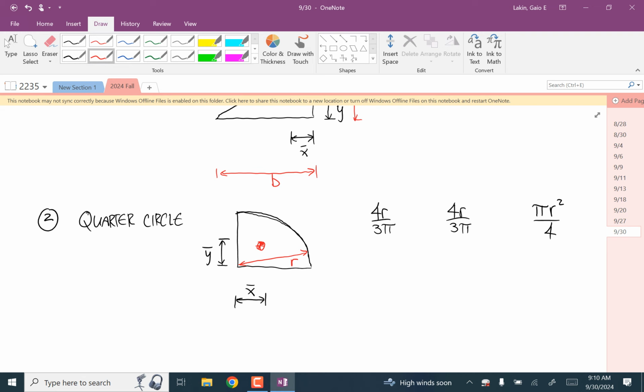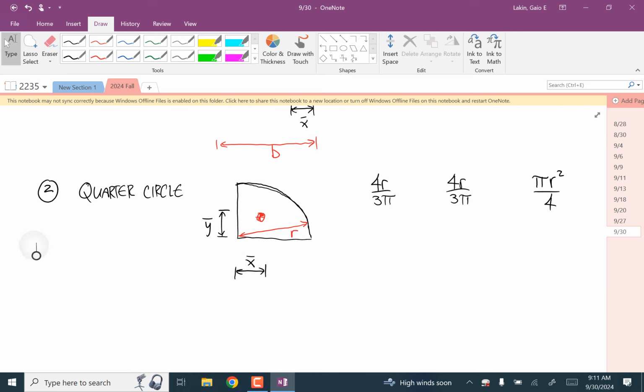Well, it shouldn't be that hard by integrating because we know a formula for the ellipse. If you do it in terms of radians, that wouldn't be bad at all. Even in terms of just slim rectangles, it seems like it shouldn't be that hard to calculate, but let's not do it.